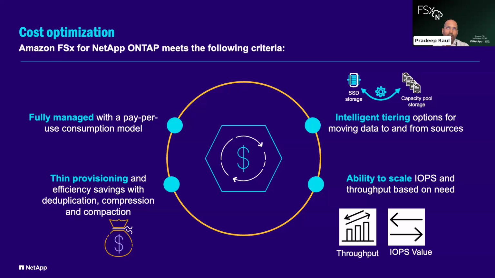So there are important design principles on the cost optimization pillar. What are they? Some of them are: implement cloud financial management, adopt a consumption model, not a CapEx model, measure overall efficiency, and analyze and attribute expenditure. With FSx for ONTAP being a fully managed service, it's purely on a consumption model.